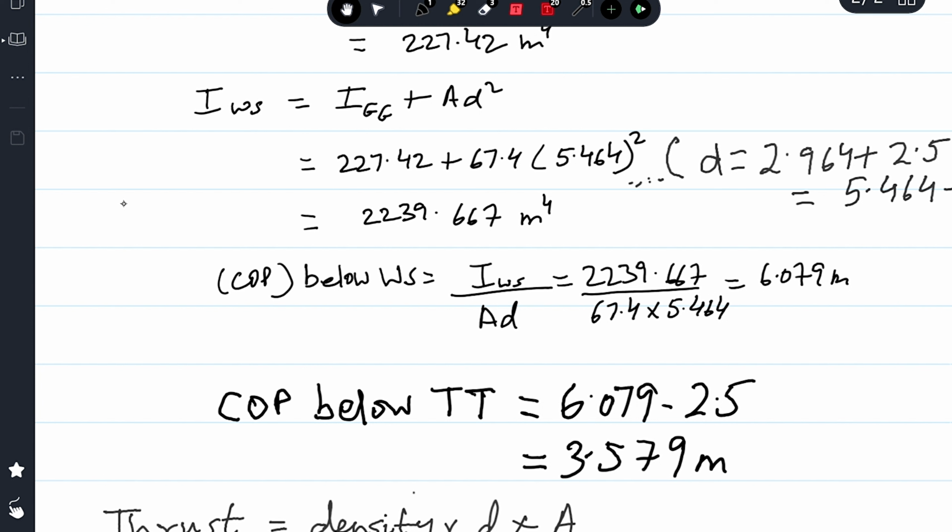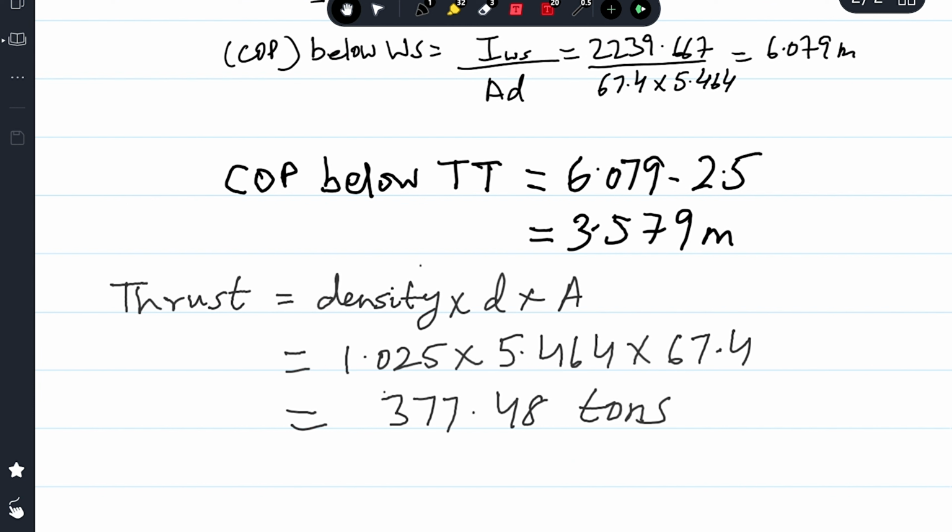This gives me the depth of center of pressure below water surface, 6.079, but the question is asking for depth below tank top. So the depth below water surface is 6.079, and there is 2.5 meter of head above tank top. If I subtract that, I'll get the depth of the center of pressure below top of the tank, 3.579.